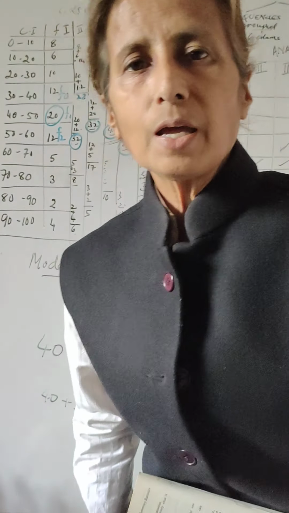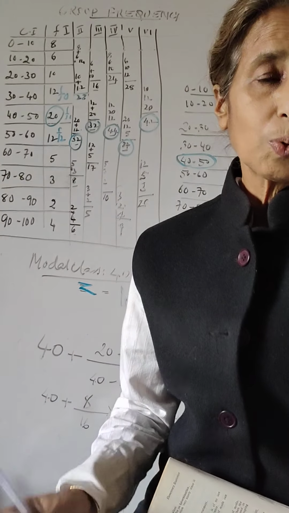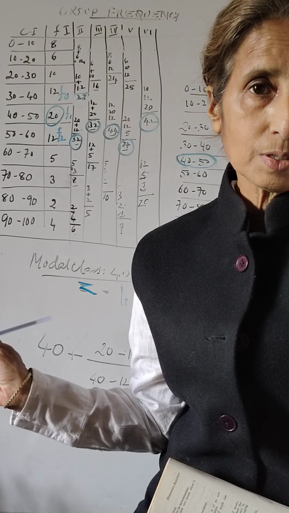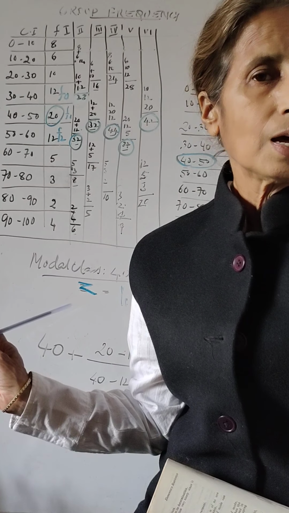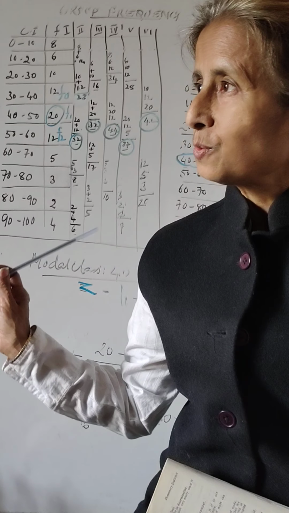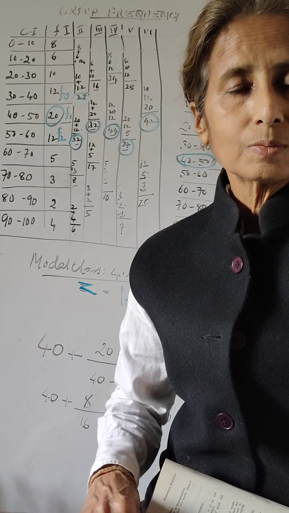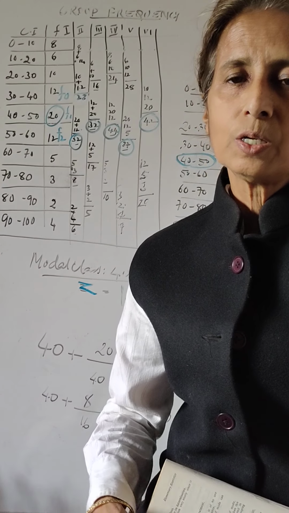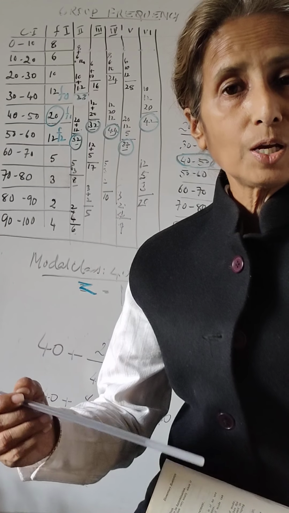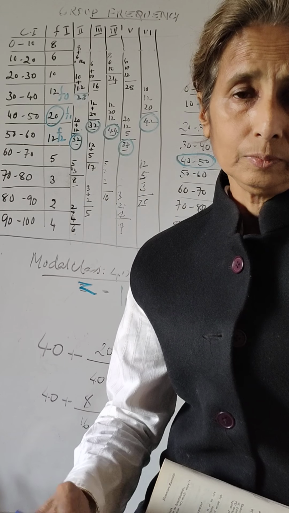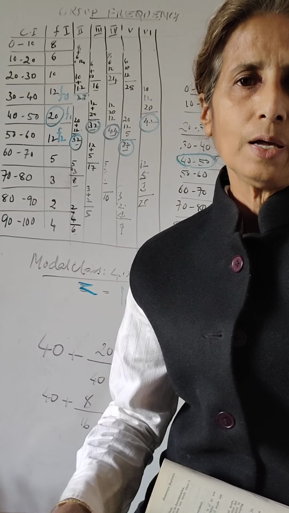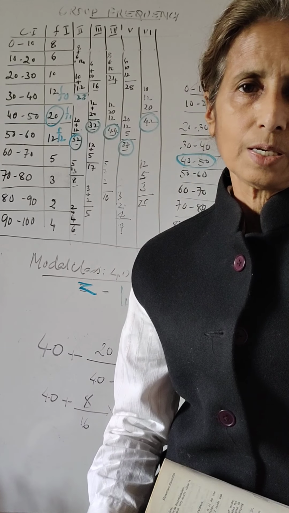So let me again tell you that it is very important for you to do this illustration that I did here. And another important thing is that you have to open your books and make sure that you use the illustration given in your textbooks. Do that and do an exercise.